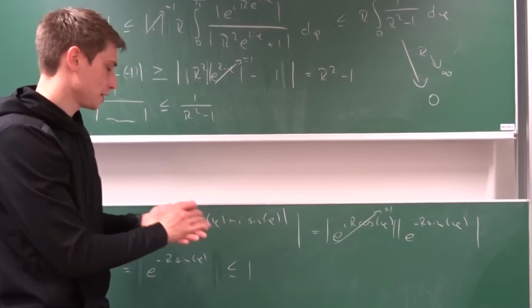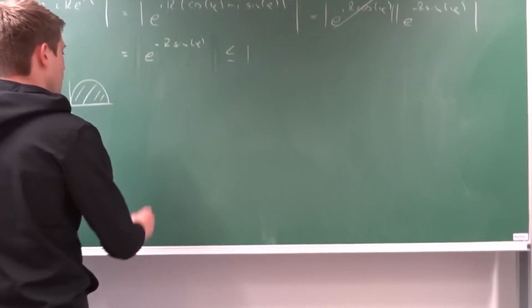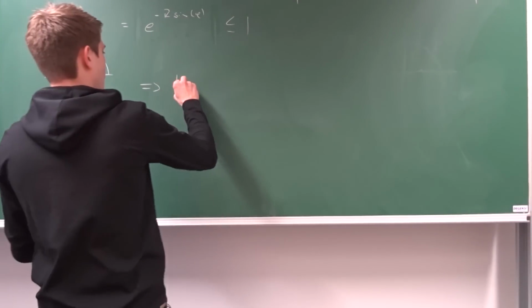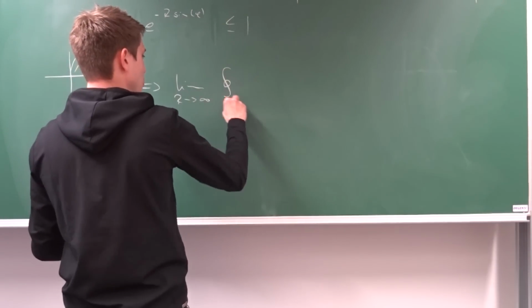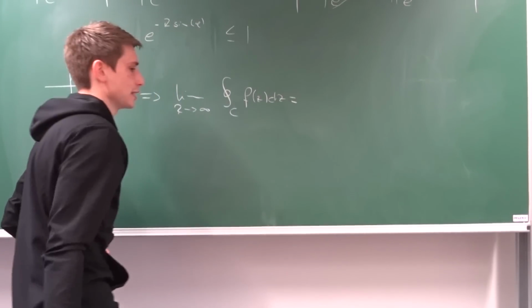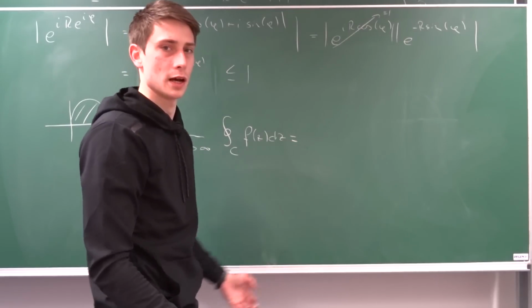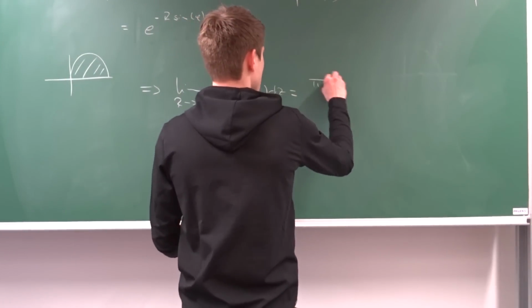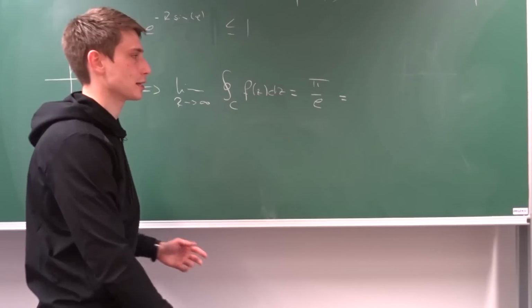Okay, great. Now we've got all the information that we need. That means the limit as r approaches infinity of our contour integral of f of z dz is nothing else than, okay, gamma is going to vanish, and we know what our residue was, so it was pi over e. And it's not affected by the limit, it's independent of r.